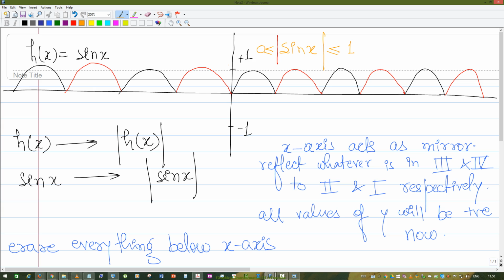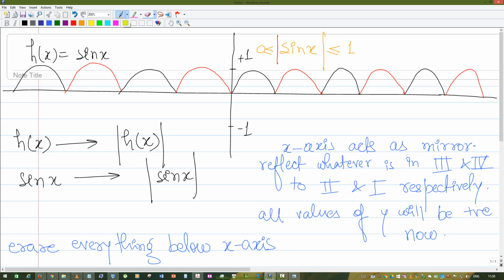At max it can attain 1, and at the lowest it can attain 0. It will not get below 0, and it will not go beyond 1. So this is the region we have got for modulus of sin x.